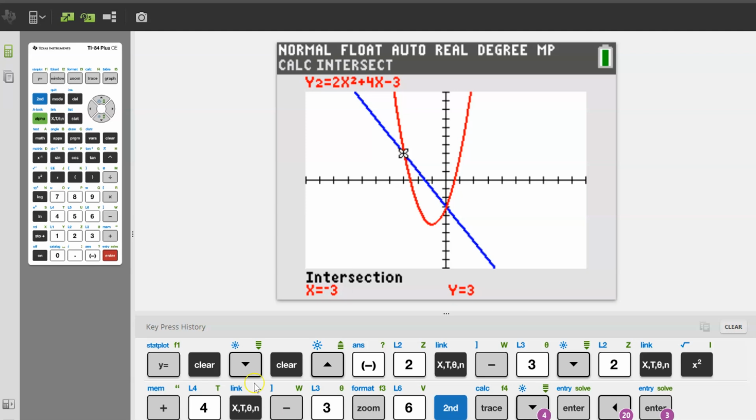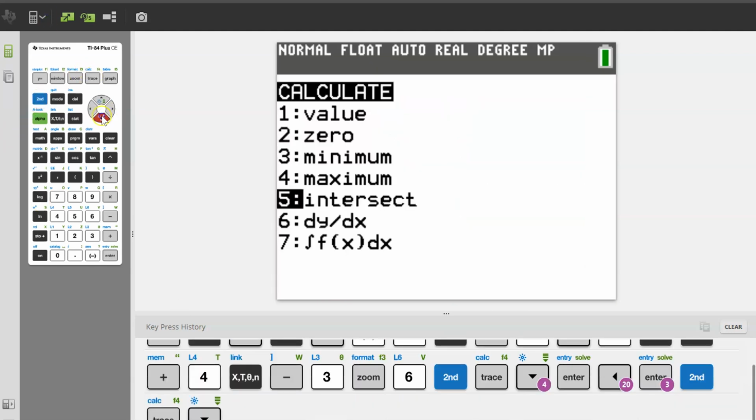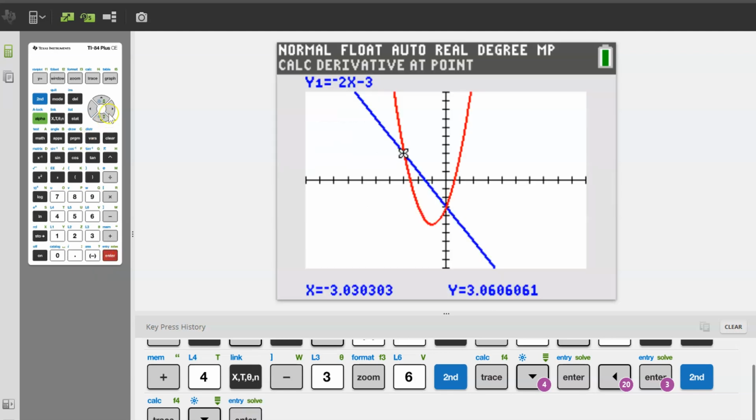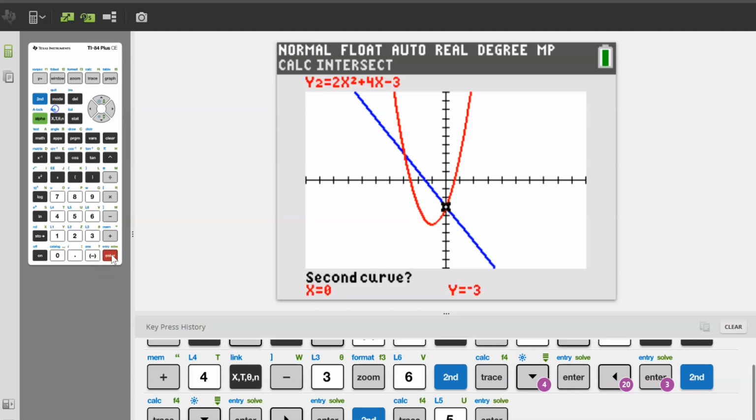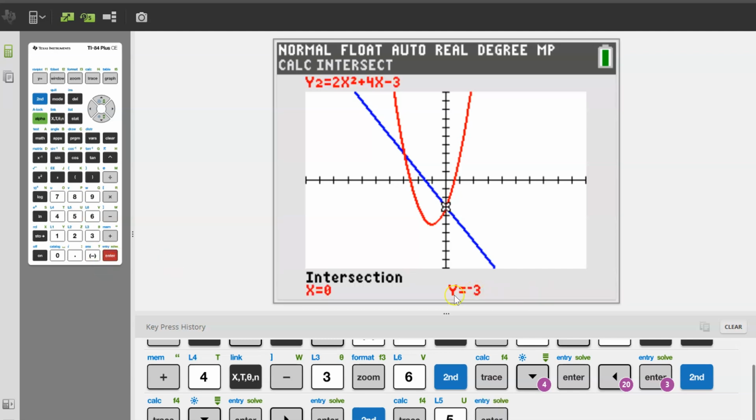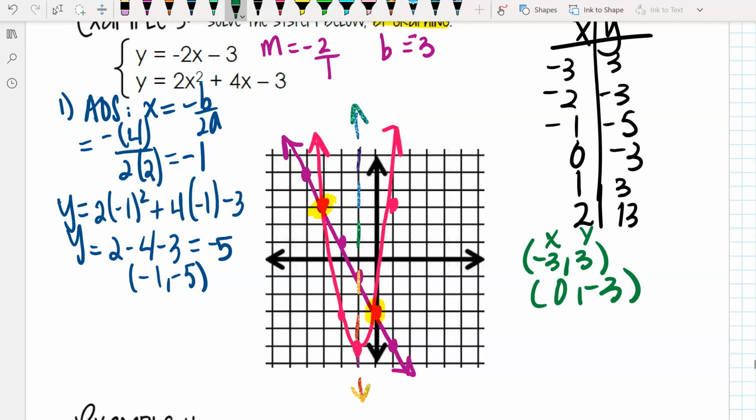Then we're going to do it again: second, trace, down to intersect, and then the one to the right. Get as close as you can. That looks pretty close. I'm not sure what quite happened. Let me try it one more time. I may not have chosen the right option. Okay. My intersection is 0, -3. Okay, so that's how you can check it in your calculator.